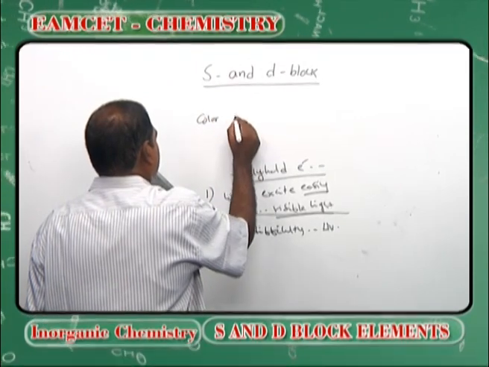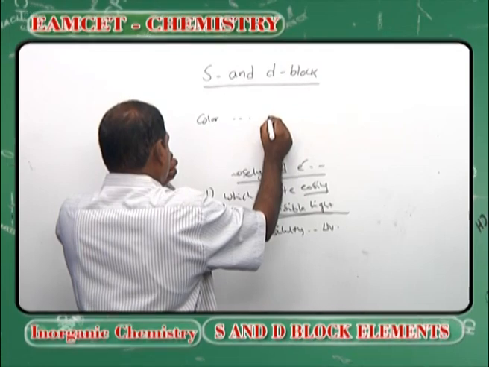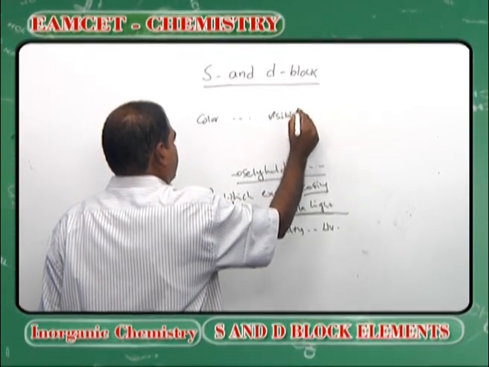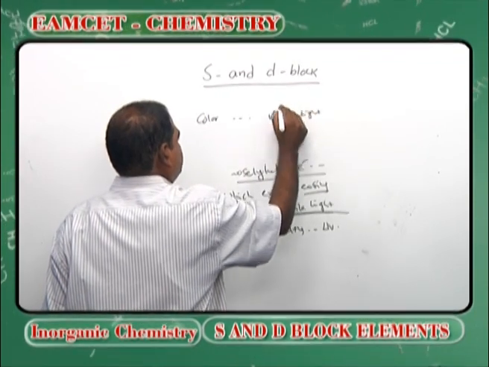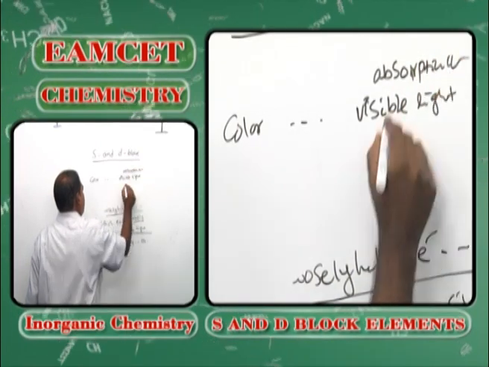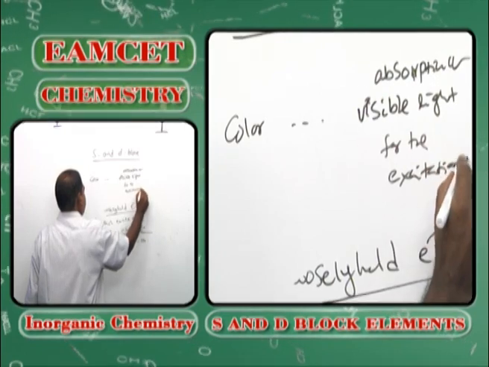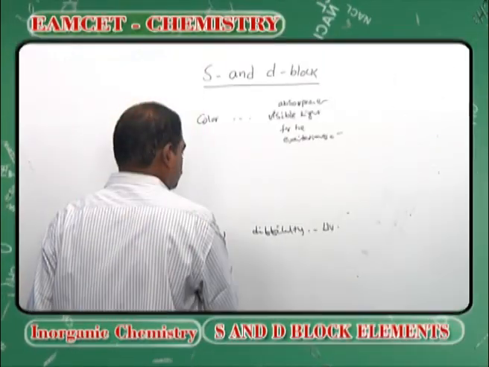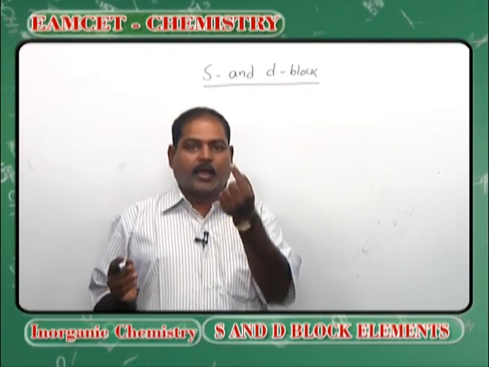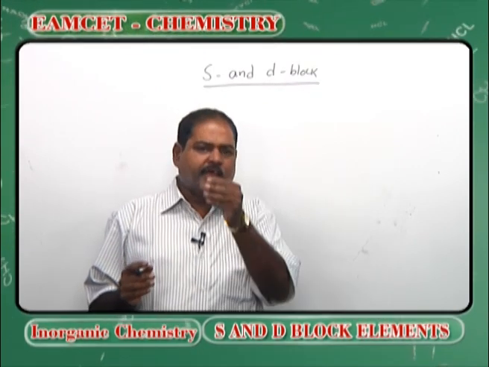Color is due to absorption of visible light for the excitation of electrons. So, alkali metals have a single unpaired electron, 2s1, 3s1, 4s1, which can be excited easily.